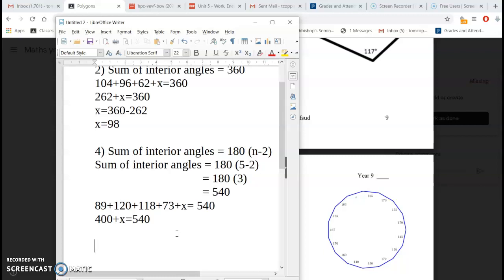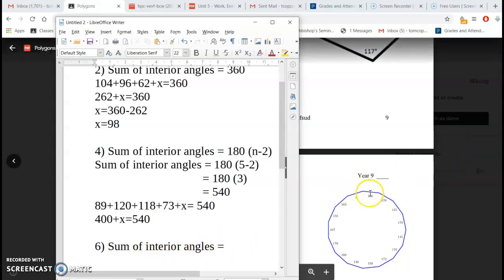So, sum of interior angles is equal to. Now, does this shape have 4 sides? Definitely not. Because if a shape had 4 sides, the sum of interior angles would be equal to 360 degrees.